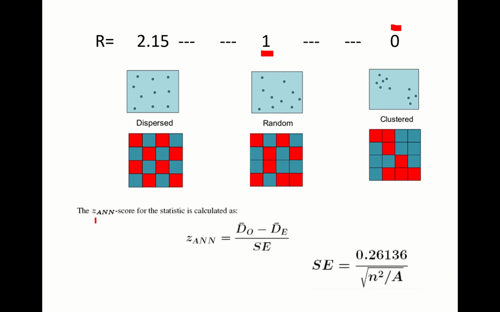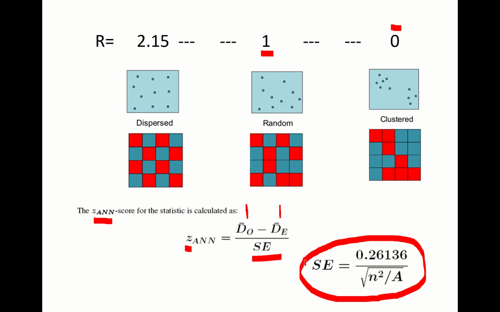And we can actually calculate the Z value for the average nearest neighbor to see whether it's what we would expect or we're dealing with a very extreme value. So just like we calculated Z values from raw data scores before, we can calculate the Z value for our average nearest neighbor by taking the observed value minus the expected value divided by the standard error, which is given by this term right there.